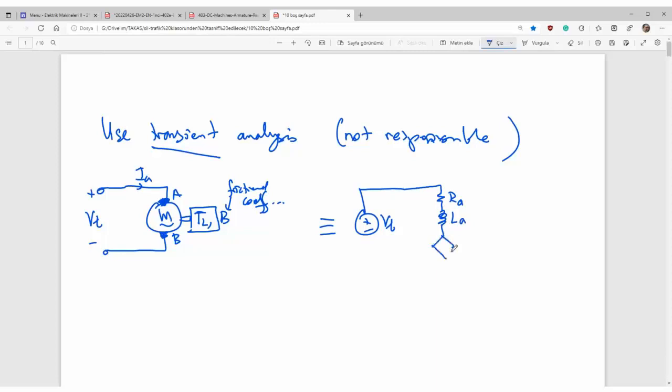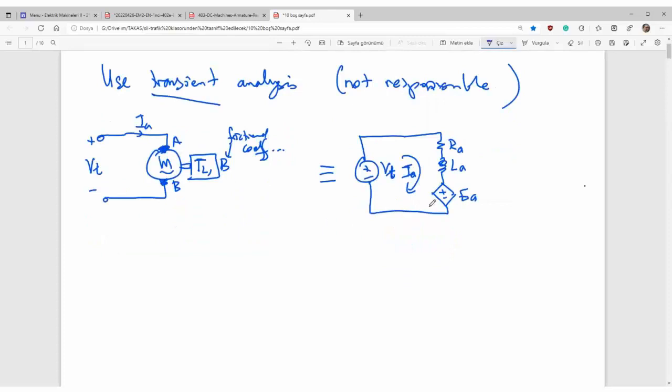And here is the electromotive force induced in the armature. That is the armature current, and here is the Vt. You are not responsible for this in this course, but you can easily write the current in Laplace form.